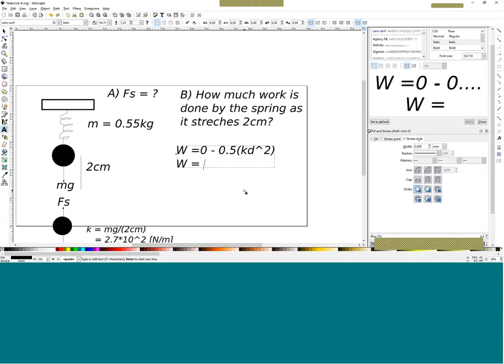If you take 0.5 multiplied by k, that should equal, hold on, we'll halve that away, that remains, so that should be minus 5.4 times 10 to the minus 2 joules.